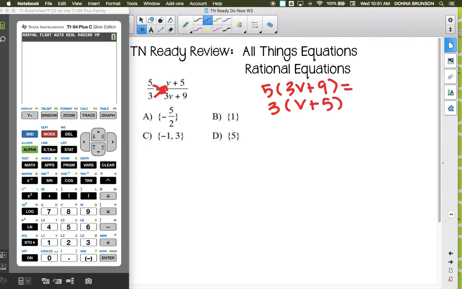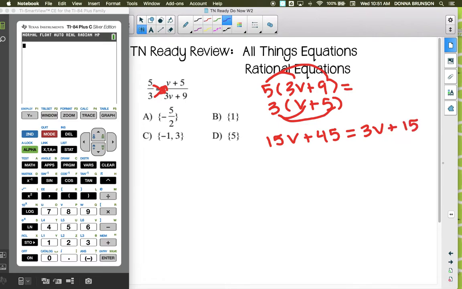All right, so I'm going to equal these two things together. So I've got 5 times 3, which is going to give me 15v, and then plus 5 times 9, which is going to give me plus 45, is equal to 3 times v, which gives me 3v, and 3 times 5, which gives me positive 15.